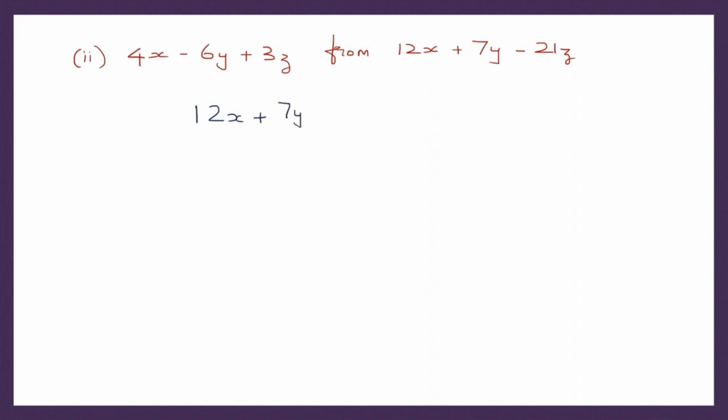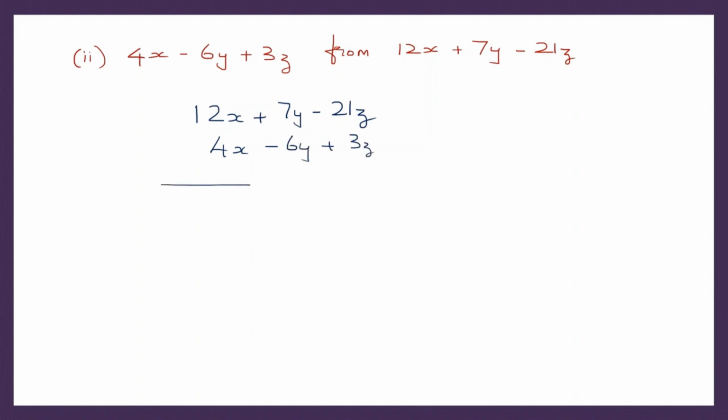Question 2. Again, subtract the first expression from the second expression. So the second one should be written first. So 12x plus 7y minus 21z. Then let's write down the second expression below this now. That is the first one that's given here. 4x minus 6y plus 3z.